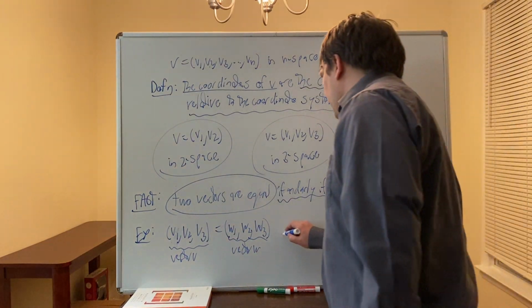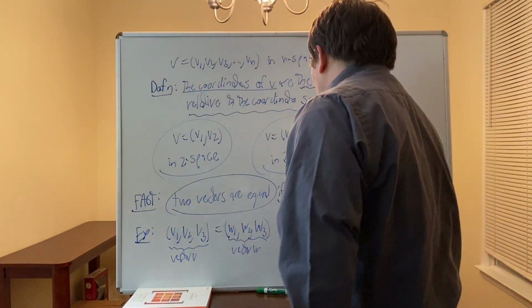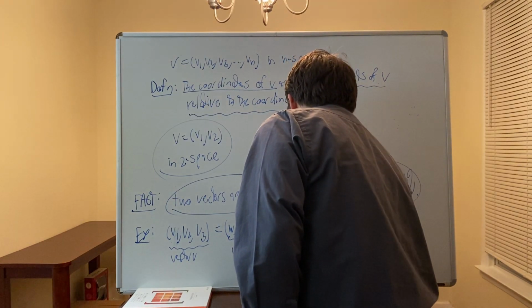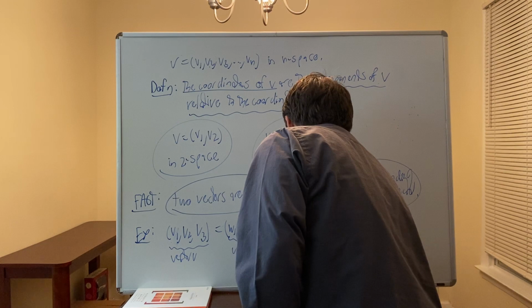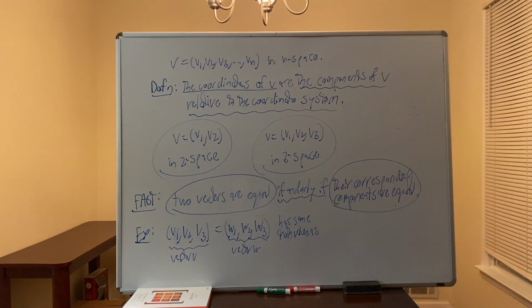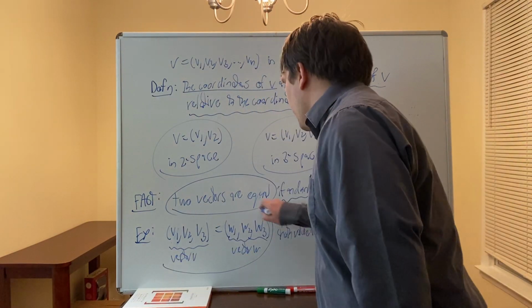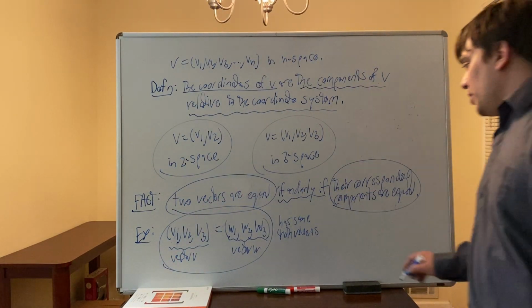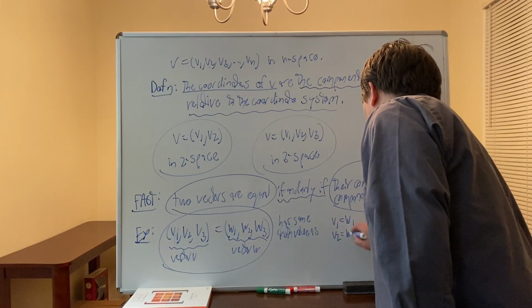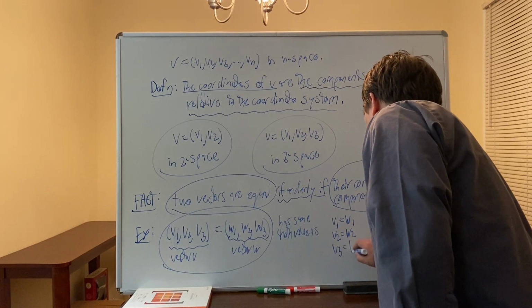That's the same, and so actually I'm going to write the meaning of the point here: it has the same truth value as, well, the statement that this vector equals that vector has the same truth value as v1 equals w1, v2 equals w2, and v3 equals w3.